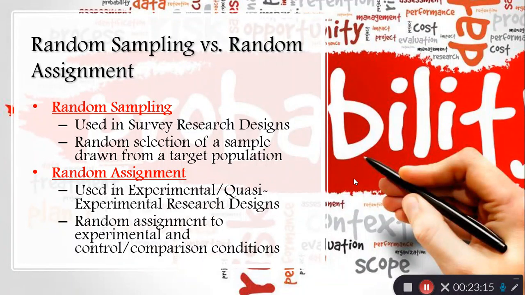We've also talked about random assignment with regard to experimental and quasi-experimental designs, and random assignment involves placing individuals into experimental and control or comparison groups. So there is a difference between random sampling and random assignment that I'd like for you to keep in mind.